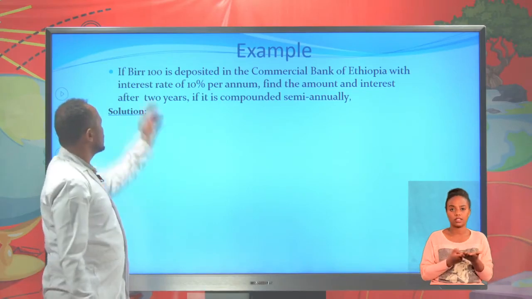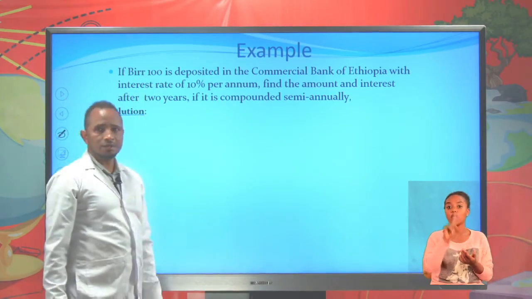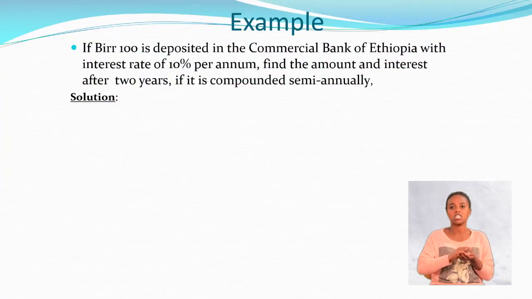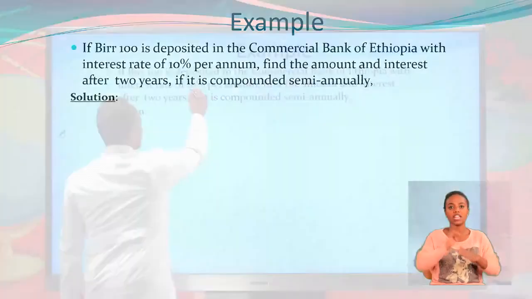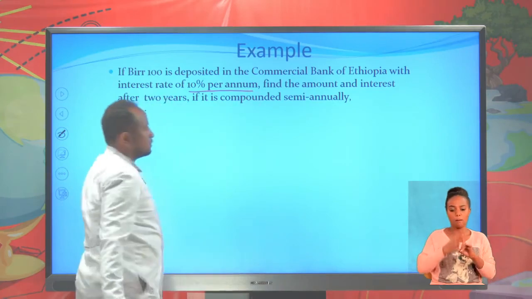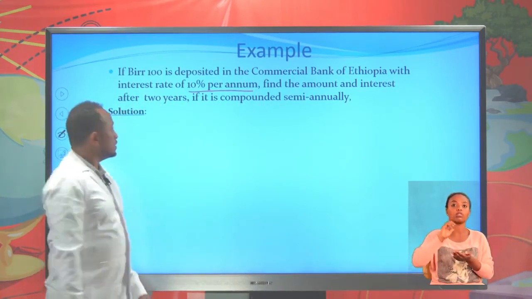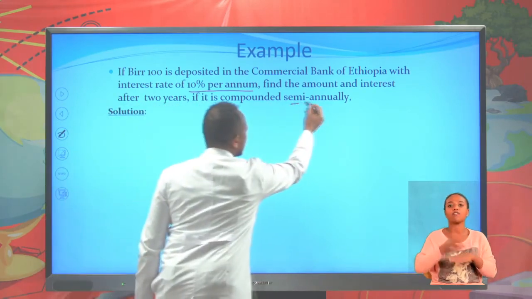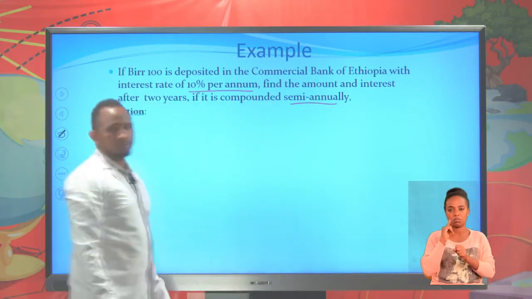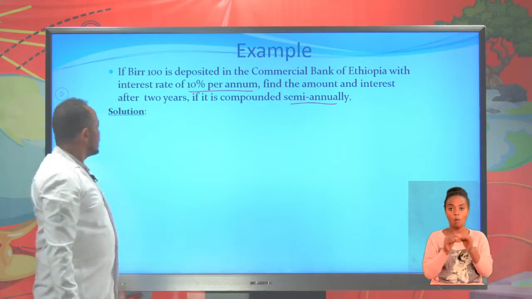Here, if birr 100 is deposited in the Commercial Bank of Ethiopia with an interest rate of 10% per year, find the amount and interest after 2 years if it is compounded semi-annually. So let's see the solution.